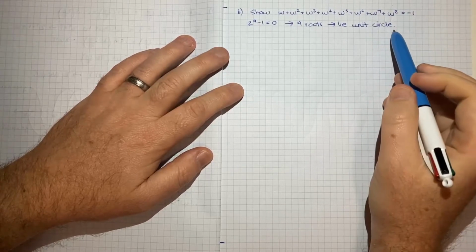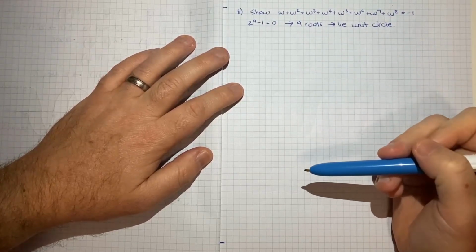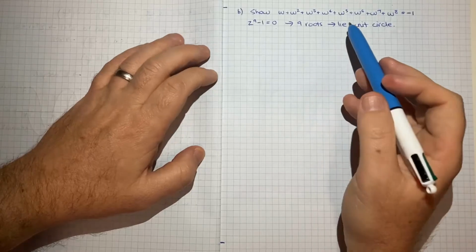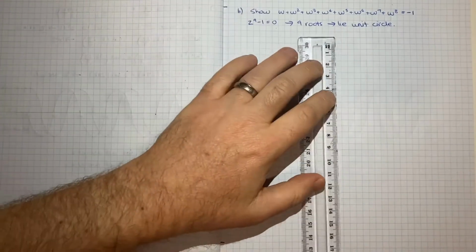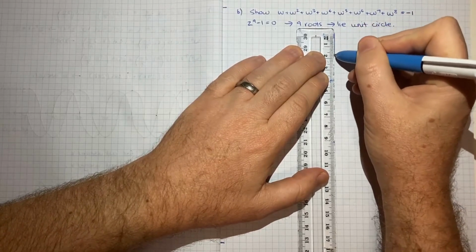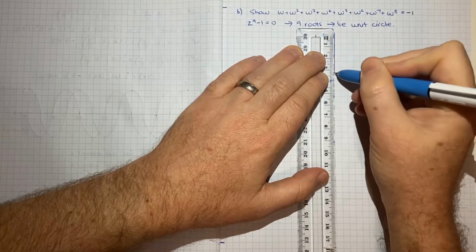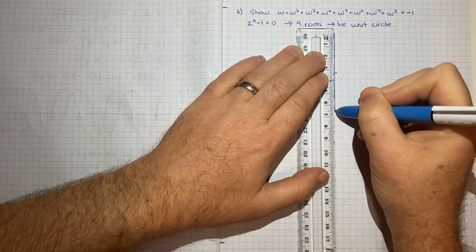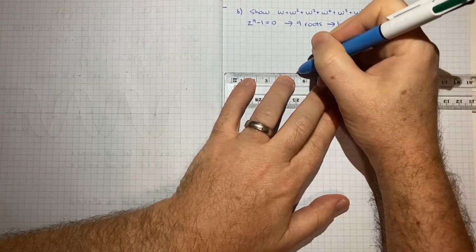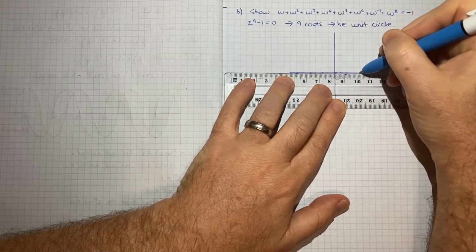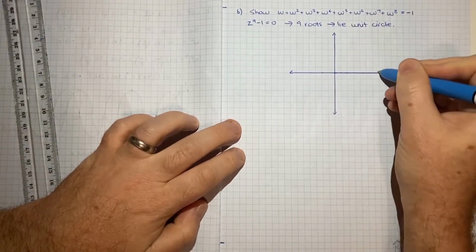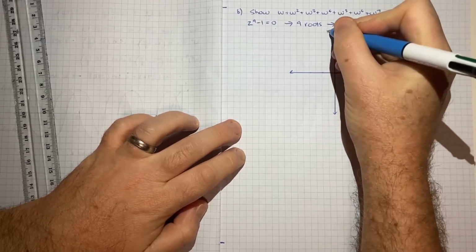And what will be really helpful both for this part and for the remaining parts of this question is to draw up that unit circle and plot these 9 roots. So what I'll do is I'll just draw up a chart. So this will be an Argand diagram, so we'll have our real and our imaginary axis.